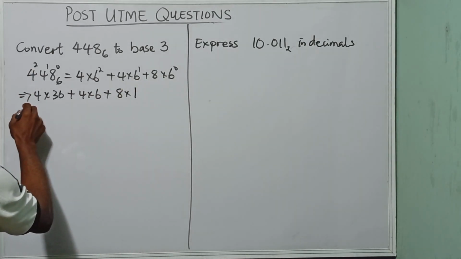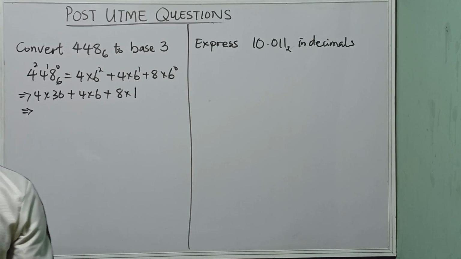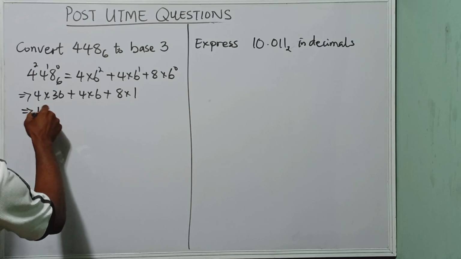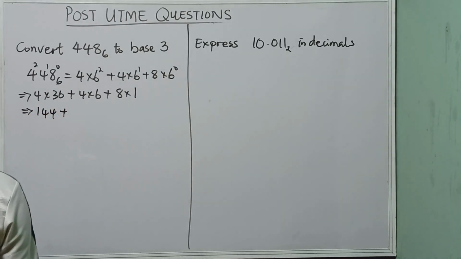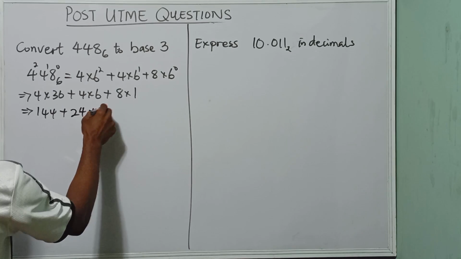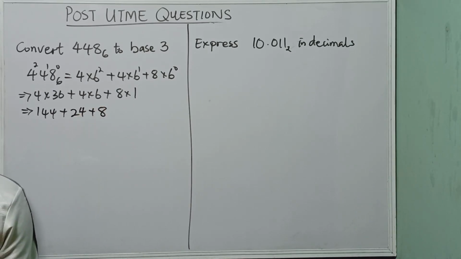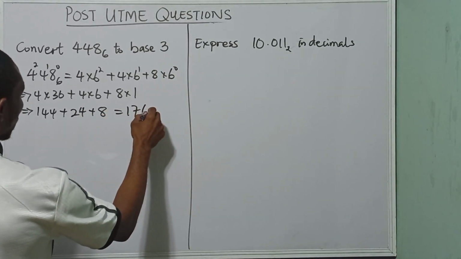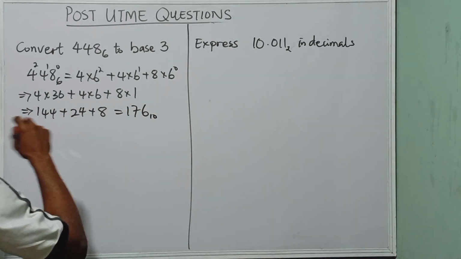So 4 times 36 would give us 144, plus 24, plus 8. So 144 plus 24 plus 8 would give us 176 base 10.